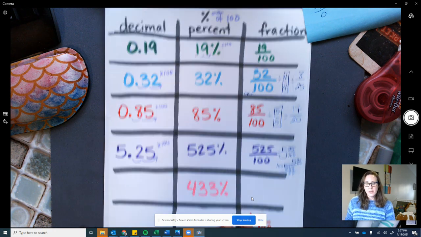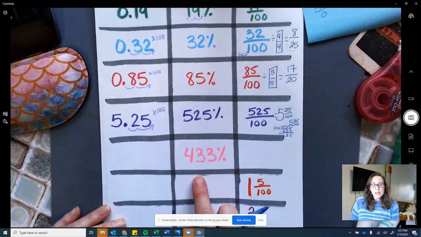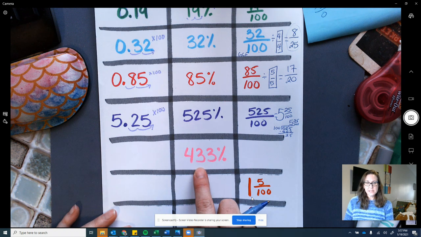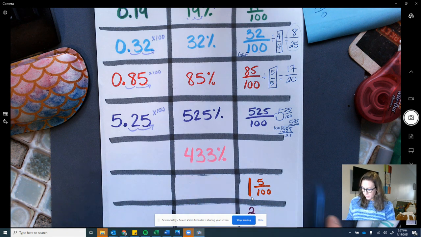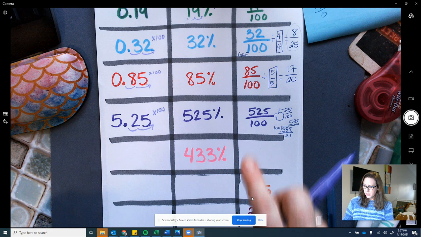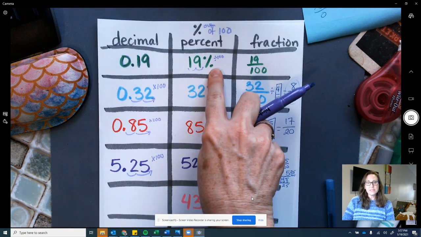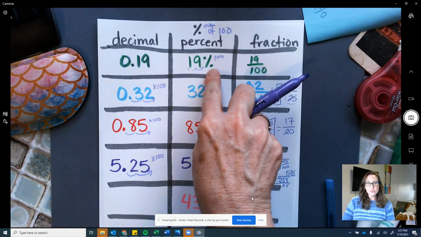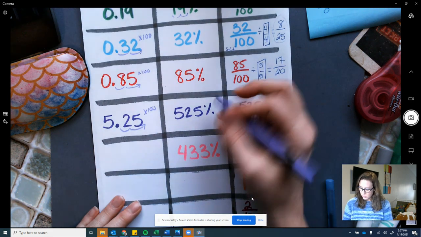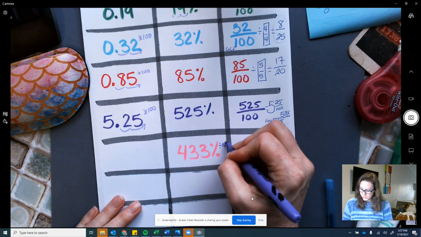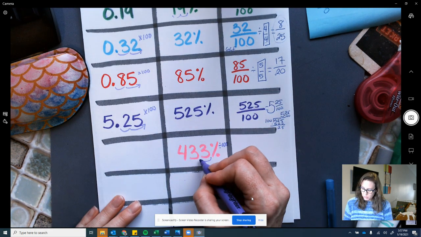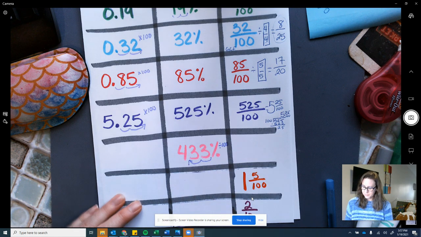Okay, taking that same idea and looking at starting with a percent, we have 433%. Remember, to get the decimal, we're dividing by 100. So we're going to divide this by 100, and that means moving our decimal point to the left.